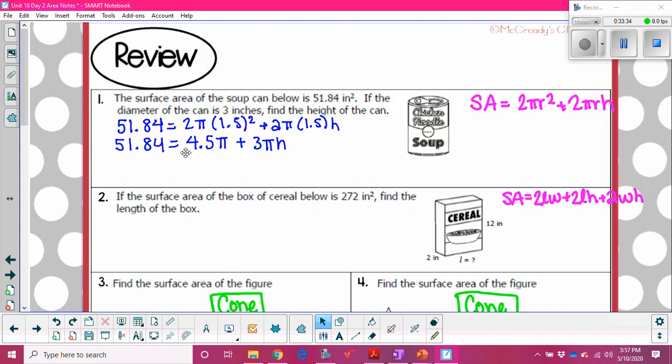All right, so 51.84 minus 4.5 pi, and use the pi button on your calculator, gives you 37.7, and that equals 3 pi h. Okay, so now you're going to divide both sides by 3 pi. Okay, so that gets rid of it over here.